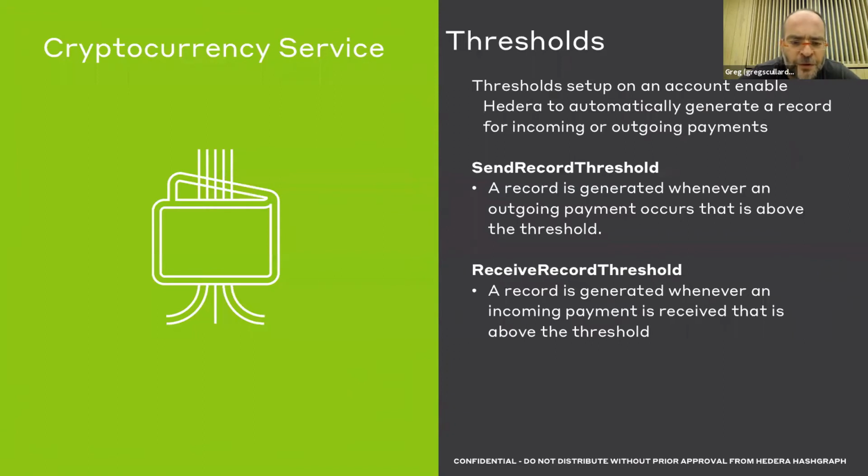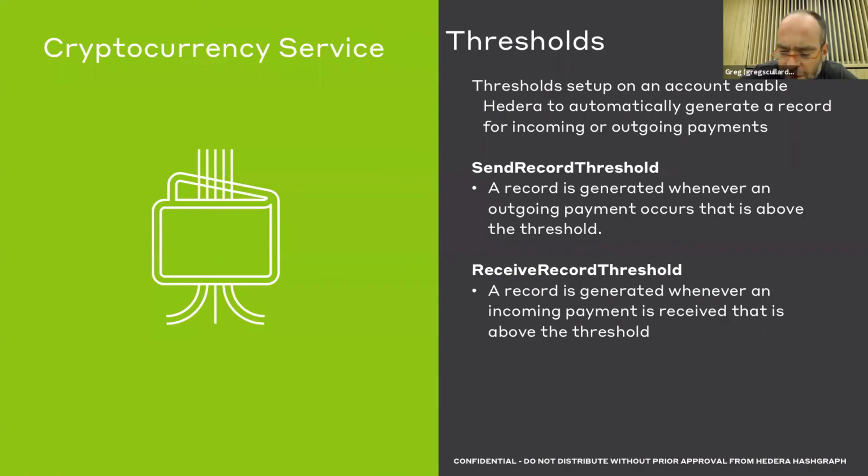And the send and the receive can be different thresholds. So even if the originator of the transaction didn't specify that they wanted a record for the transaction itself, the network will generate that record automatically on my behalf if any of those thresholds have been broken.